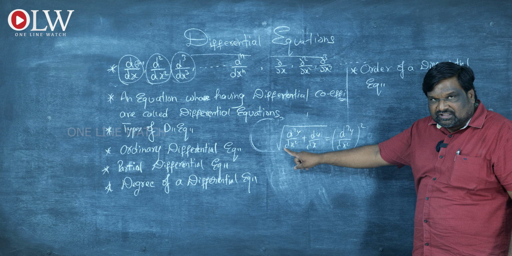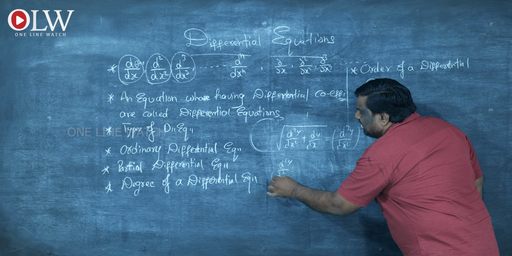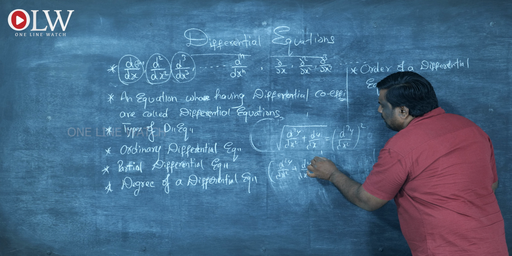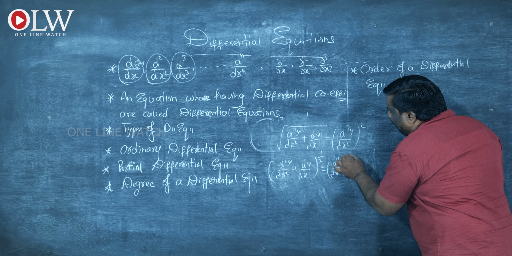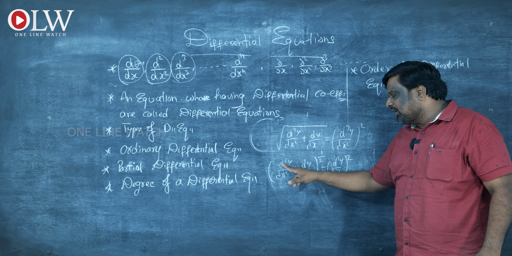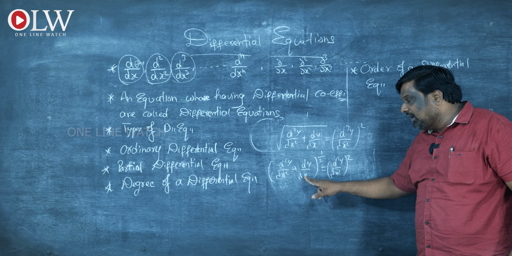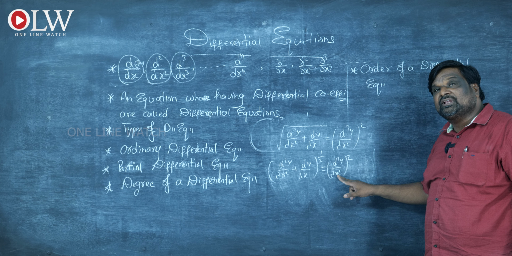So here the square root can be represented as (d²y/dx² + dy/dx)^(1/2) = (d²y/dx²)². Here d²y/dx² is a second order differential coefficient, dy/dx is a first order differential coefficient, and d²y/dx² again is second order.